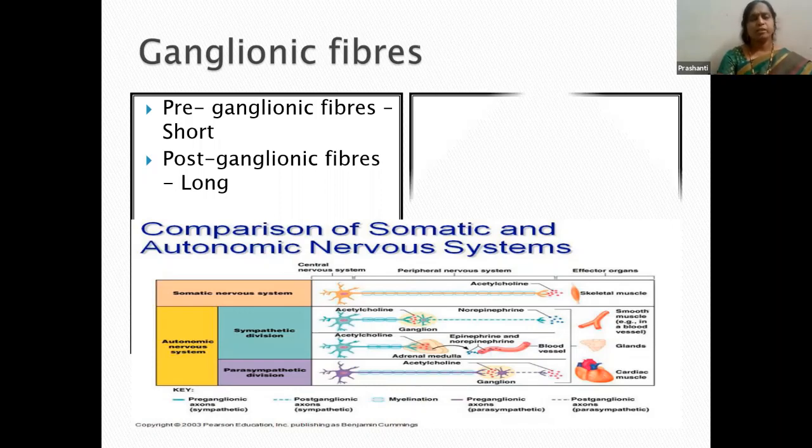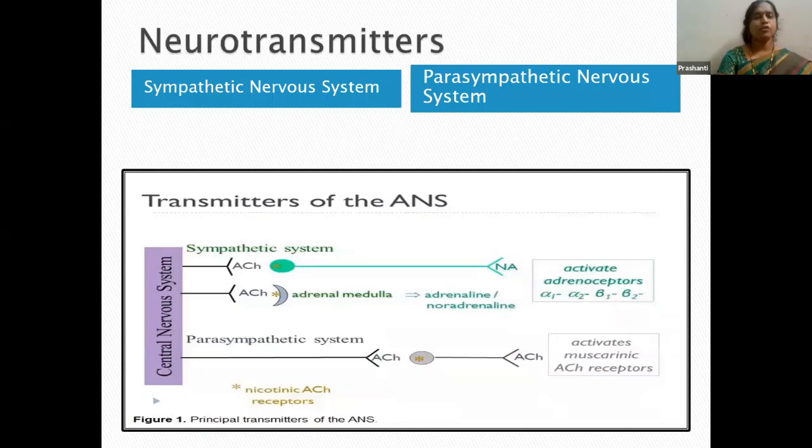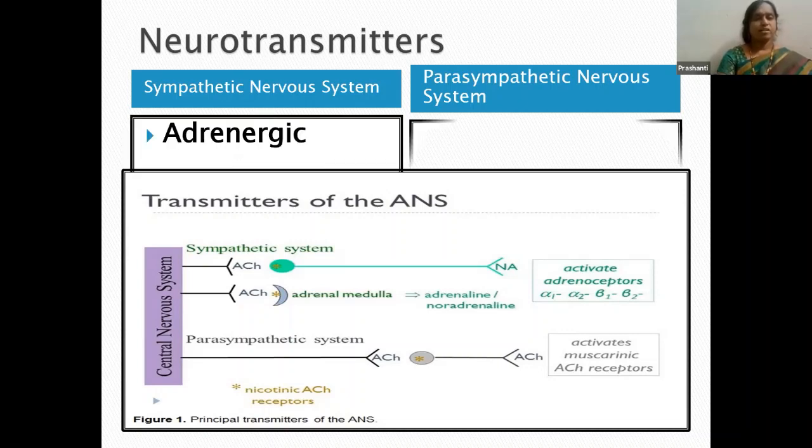Whereas in the parasympathetic, during the relaxed condition, the preganglionic fibers are very long and the postganglionic fibers are very short. And when you compare the neurotransmitters, the sympathetic is adrenergic, and the parasympathetic is cholinergic.